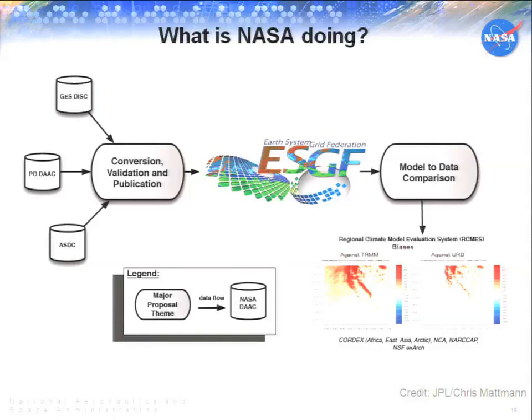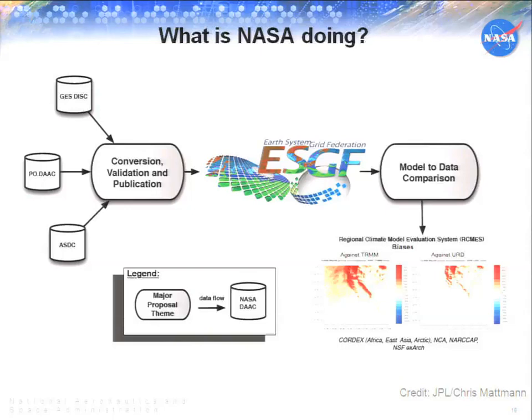So imagine you have a model run, you have certain output, and there's a data set that can be used to compare, to constrain your model that happens to be in the same format. That's what ESGF is doing.